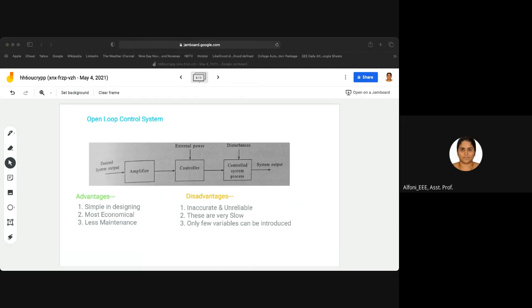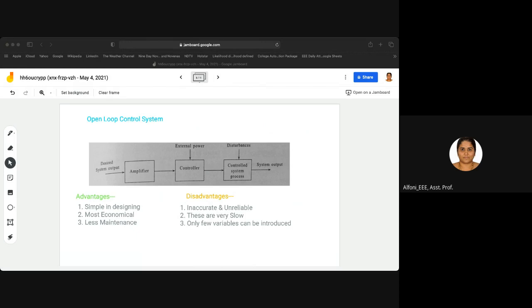An open loop system has a controller or a controlling device to control the system process in such a way as to obtain the desired output without considering the actual system output. So this system output is dependent only on the controller.